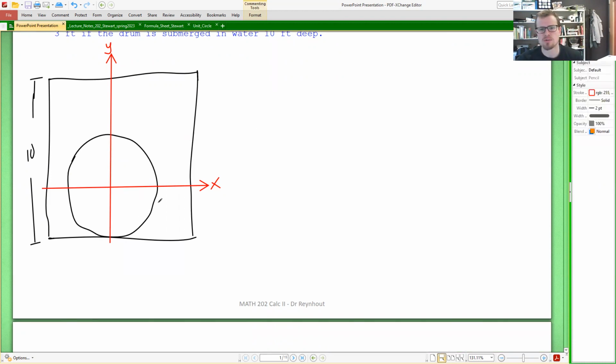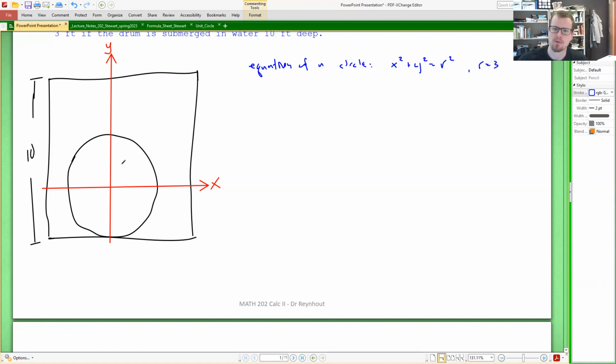If I want to, I can now recognize that I can give the equation for a circle. So the equation of a circle is simply x squared plus y squared is equal to r squared. And we're told that the radius in this case is 3.